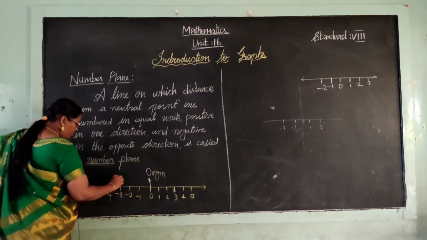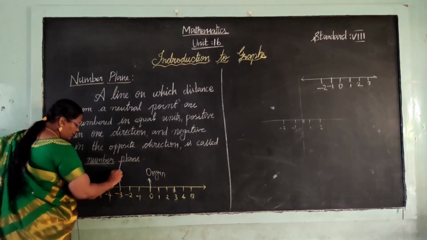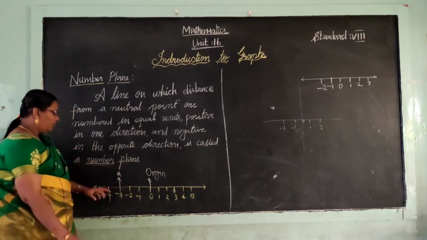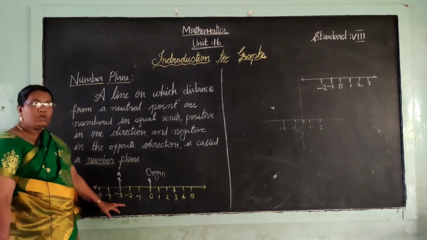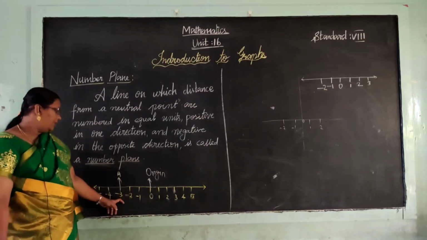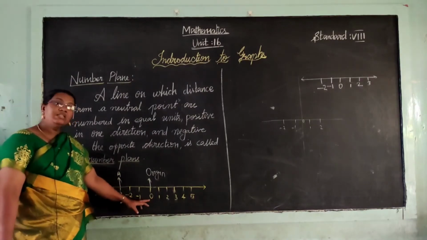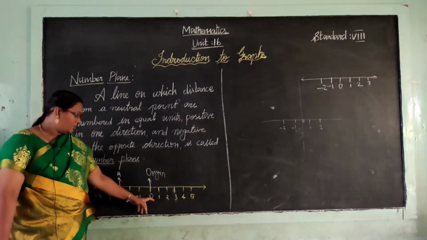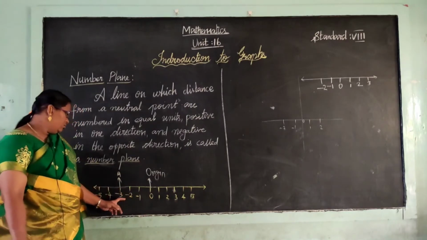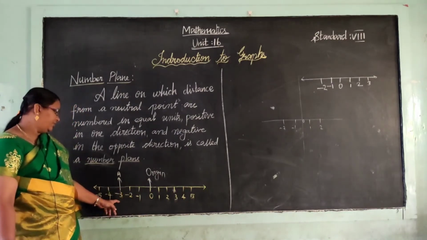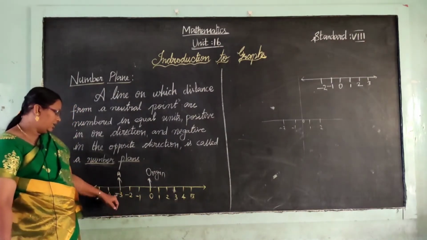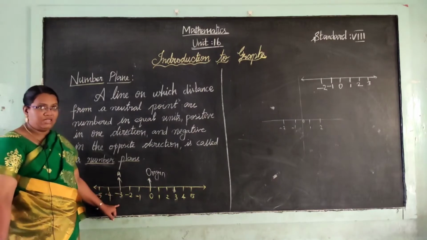Here we have considered A. So minus 3 units. Okay, 3 units left of the 0. So from the 0 to the left side, the number minus 3. So A represents the minus 3.